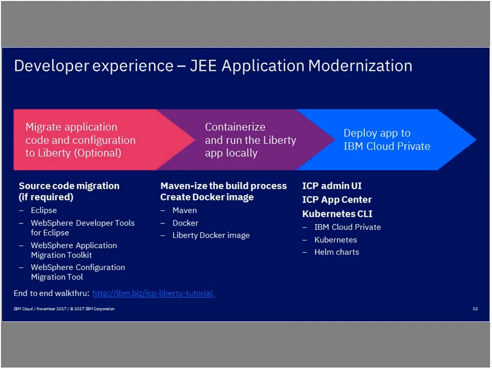Interestingly enough, when I first looked at the slide, it has the word optional there: migrate application code configuration to Liberty, optional. Now, it kind of is optional, it's kind of not optional. The reason I say that is that right now, and it's probably available right now, what you can do is take an existing J2EE application, put it inside of WebSphere, and then run WebSphere in the cloud.